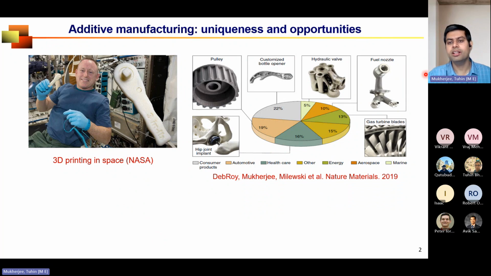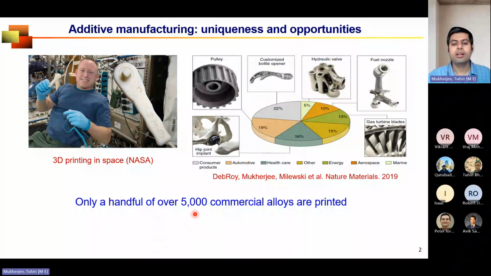The right hand side picture, if you see that printed metallic parts are now all over the places in all different type of industries with a wide variety of applications. So then you might ask, what is the problem? What is the main problem that we need to solve? Currently, if you know a little bit of material science, you will know that there are more than 5,000 commercial metallic alloys.